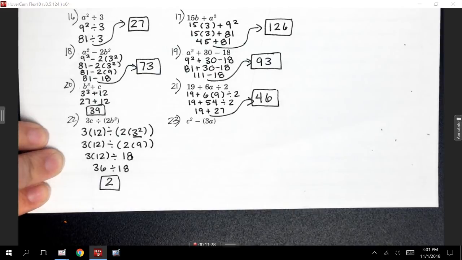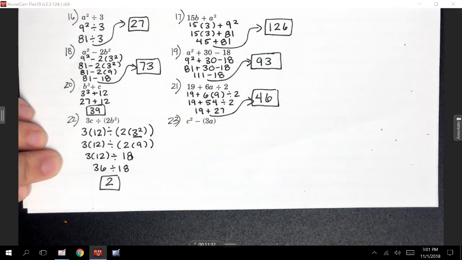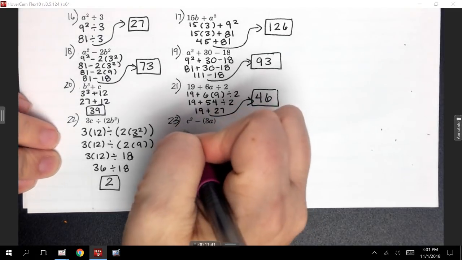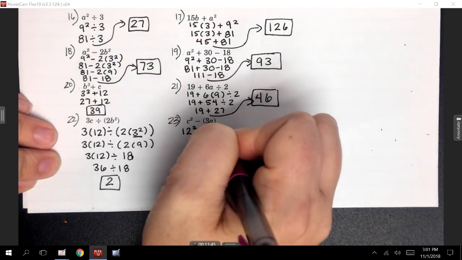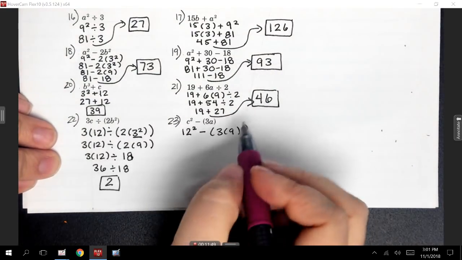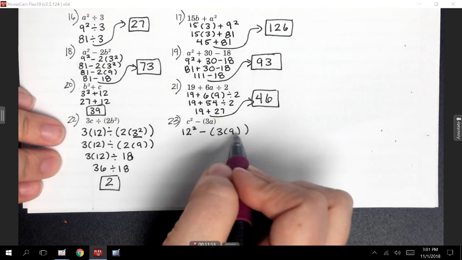All right. Number 23 says C. So for C, we're going to have 12 to the second power minus 3 times 9. And again, you'll notice that was in parentheses, which means we're going to work it first because there's math inside.